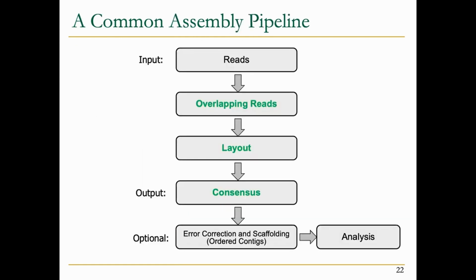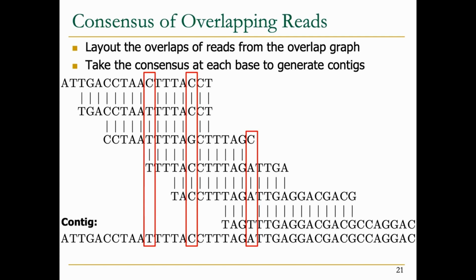So there are some optional additional steps that we take after taking the consensus. We could actually stop over here. We could just say that, okay, our job is done. I just generated the contigs, which refers to the pieces of the assembly, and I can be fine with it. I can just use it for my further analysis because now I have better information, a better picture of how my genome looks.